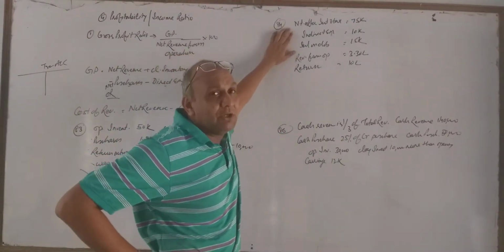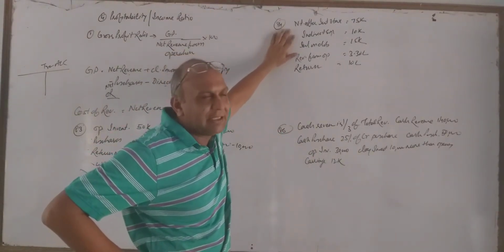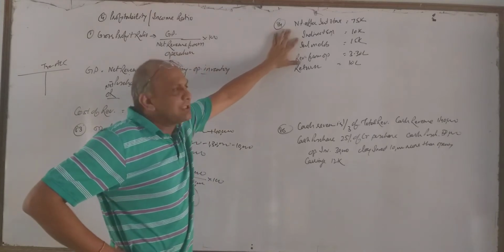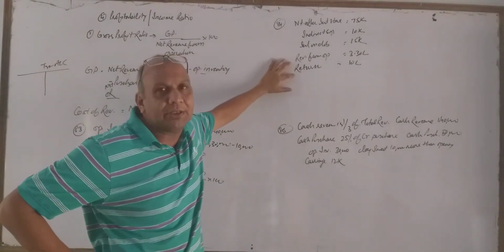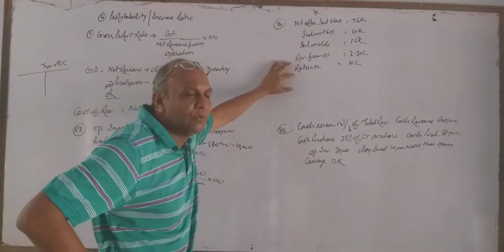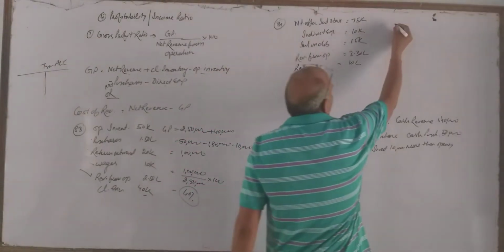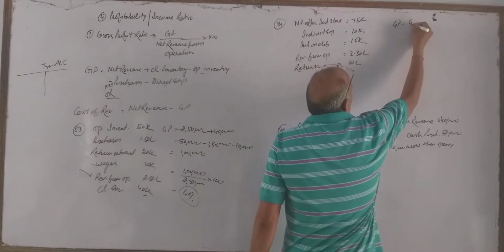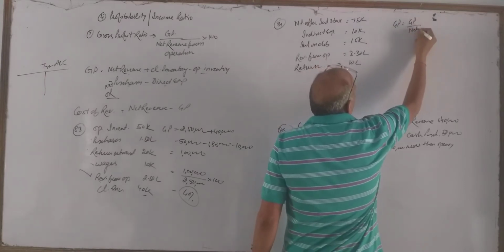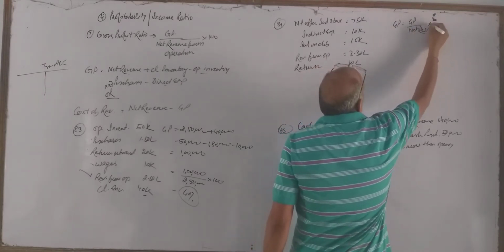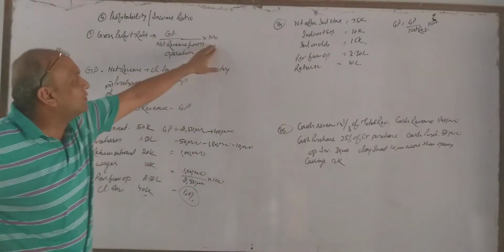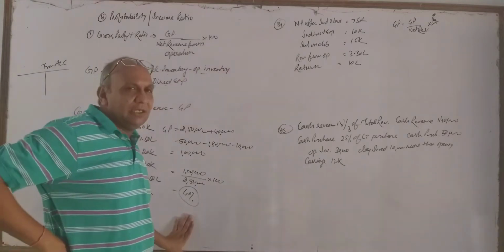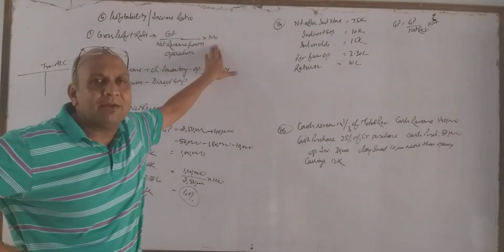In this sum we are given net profit after interest and tax, then indirect expense, interest on debenture, revenue from operation, then return. These items are given and we have to find out the gross profit ratio again: gross profit divided by net revenue into 100. All these profitability ratios we are going to calculate in percentage, that's why we are multiplying by 100.